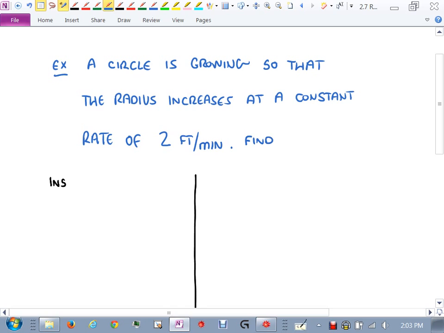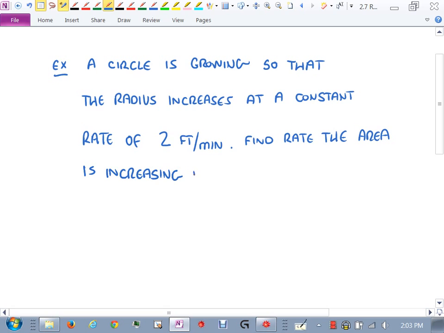Find the rate the area is increasing when the radius is 4 feet. That's the whole problem. Sorry, I forgot to write the rest of it down.